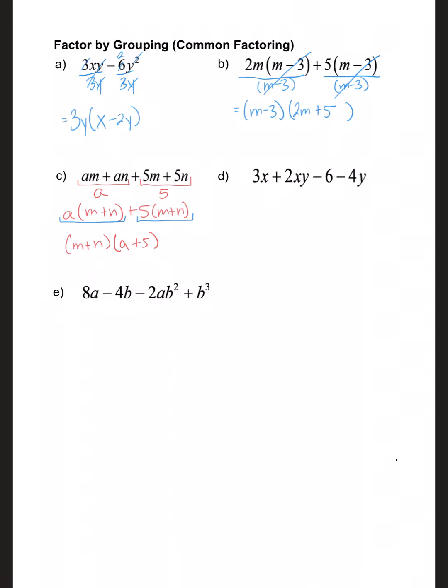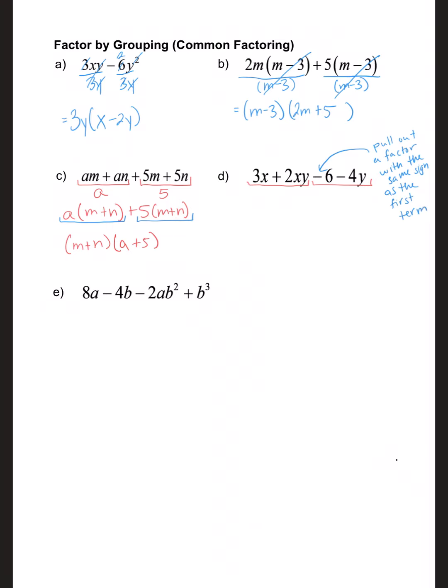Okay, let's look at one more together, and then I'll get you to try that last one on your own. So, if I wanted to common factor something out of this group, and then I'll common factor something out of this group. Keep in mind that we're always going to pull out a factor with the same sign as the first term.